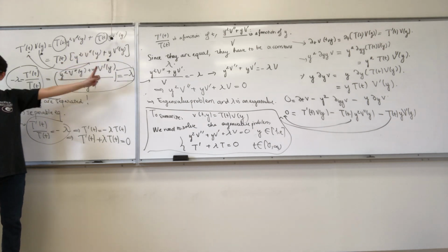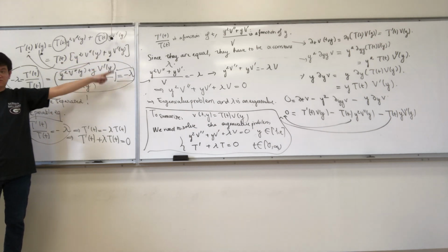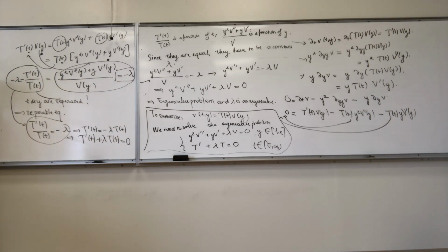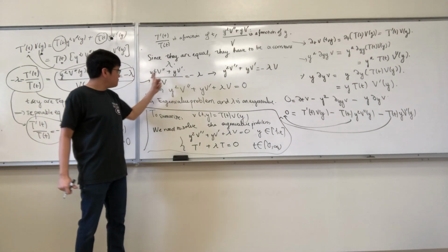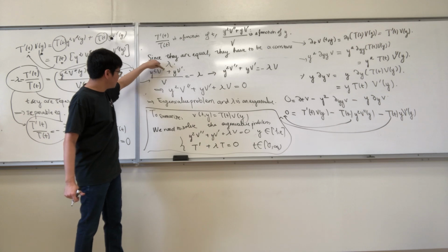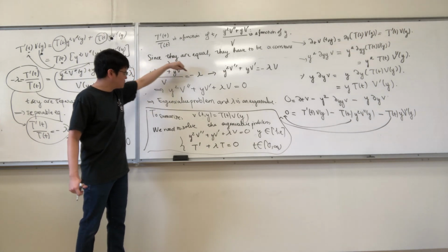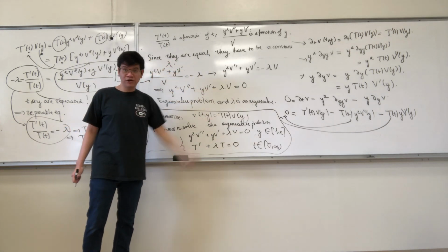So which means that this has to be a constant, and I call this constant minus lambda. Right? So in this case, y and t are separate. So I'm going to have T prime over T is minus lambda. This equation gives you T prime plus lambda T is 0. The other side gives you y squared V second plus y V prime over V is minus lambda. This gives you another equation.